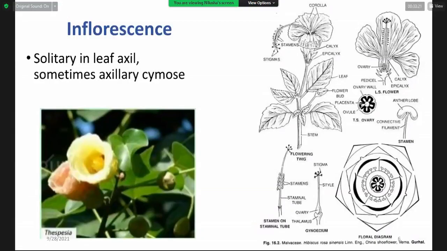What is the cymose? It has terminal flowers. Yeah, the central flower opens first. Then later the other flowers borne on the branches open later.